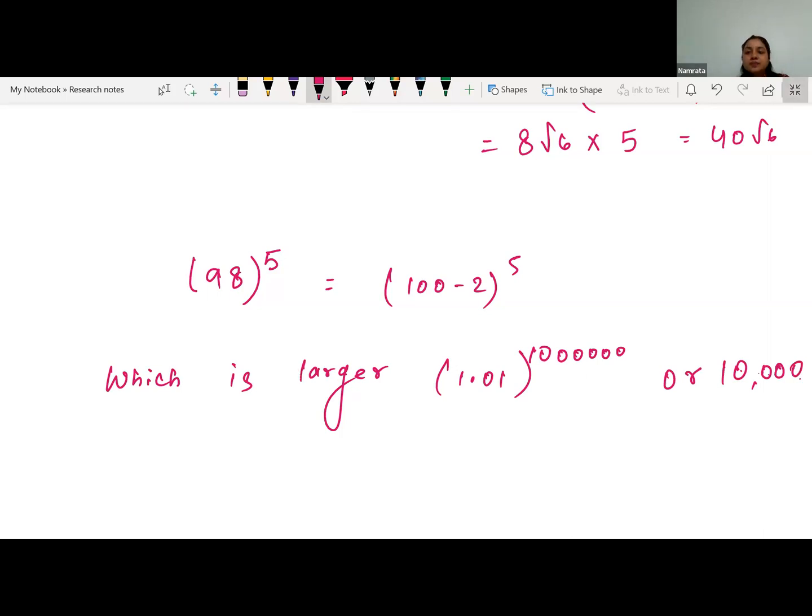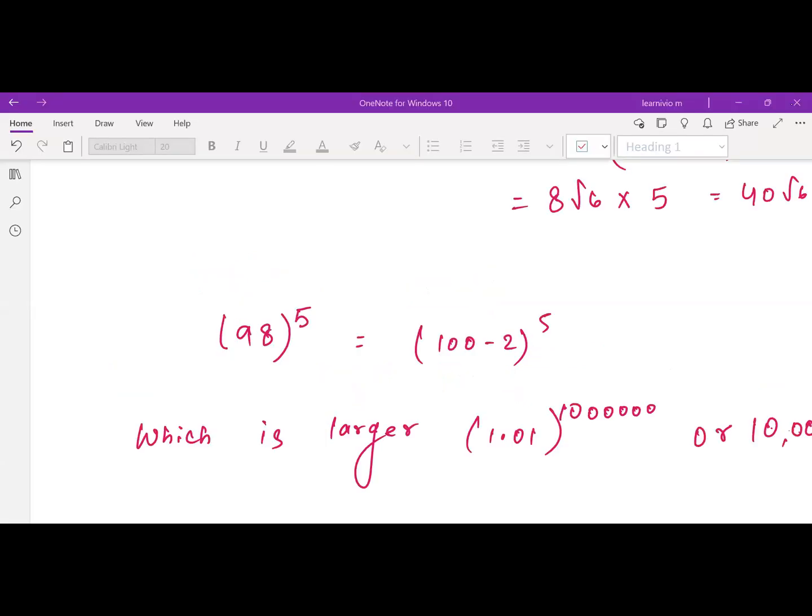Which one is larger? How will we decide? Let's see.